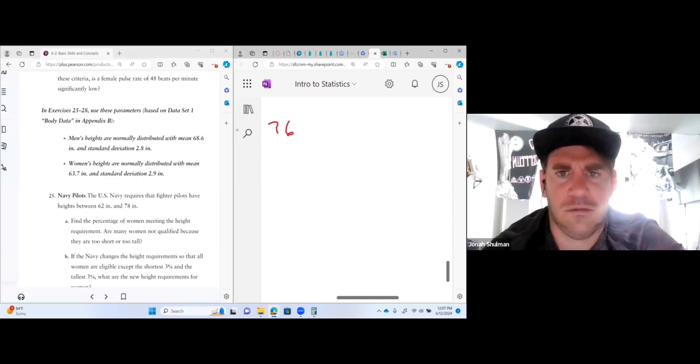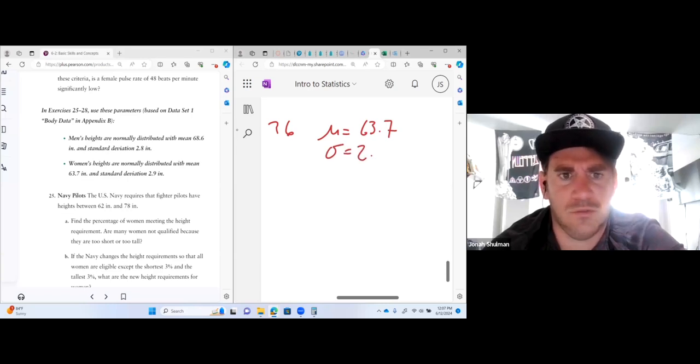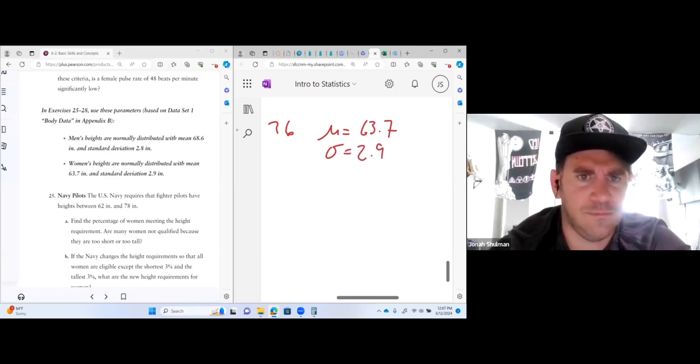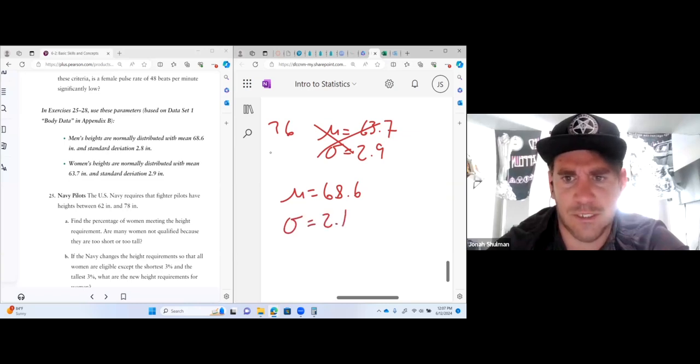So the mean is 63.7, our standard deviation is 2.9. Oh, sorry, that was women. I'm pretty sure they wanted men. So the men is 68.6, with a standard deviation of 2.8.